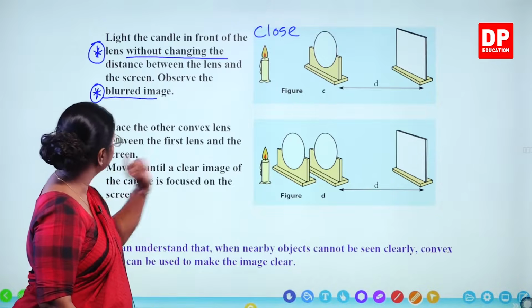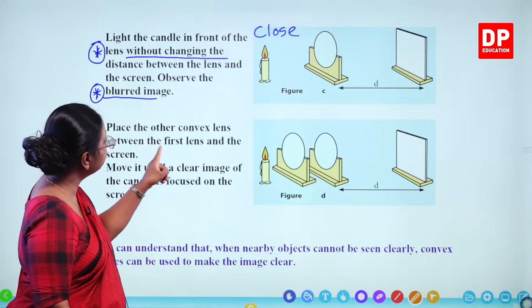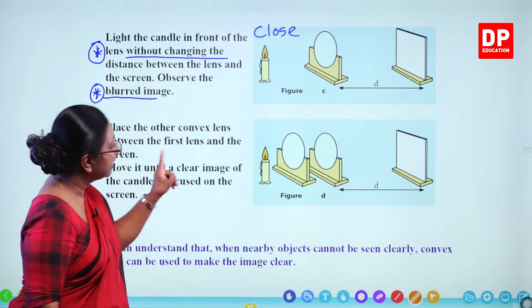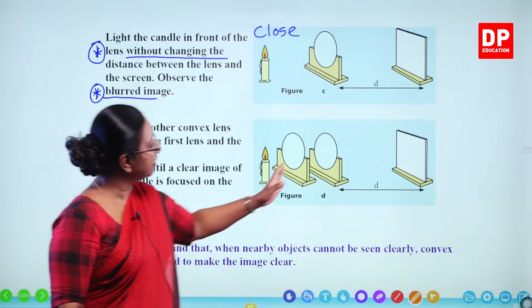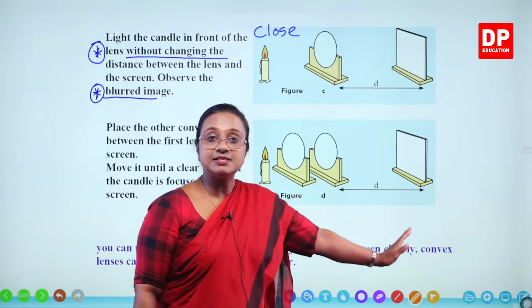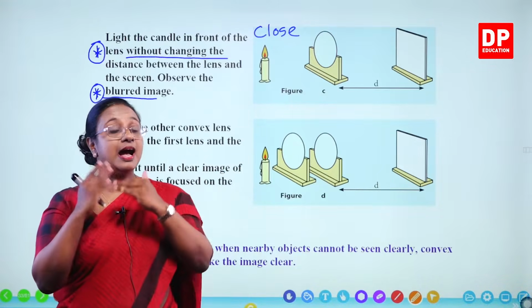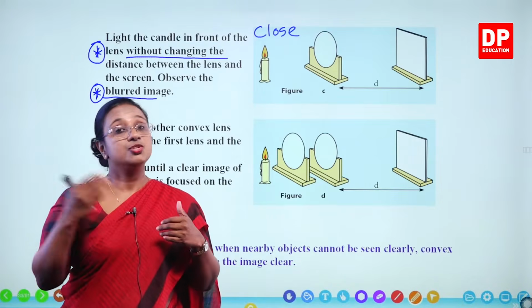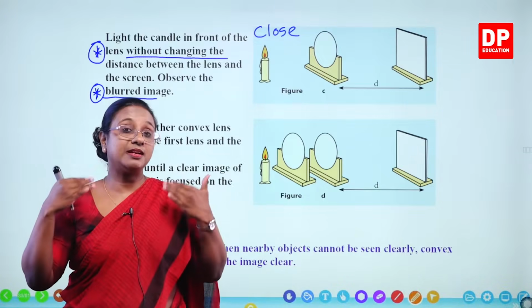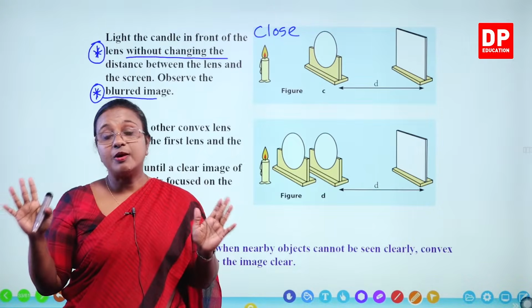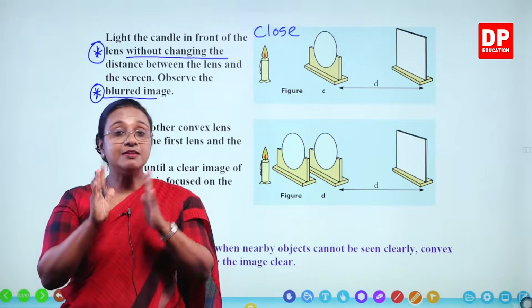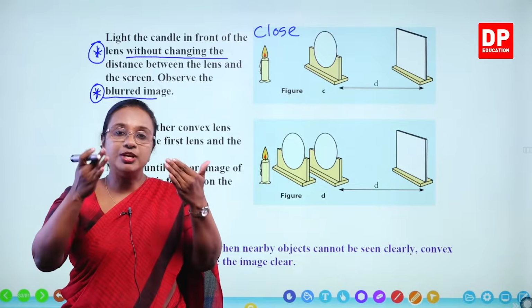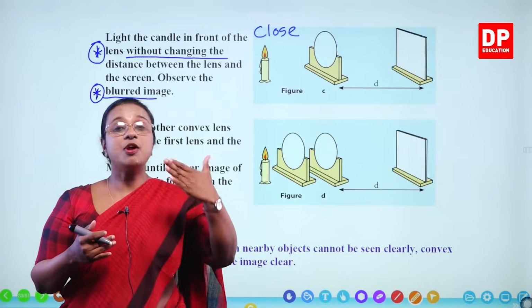Place the other convex lens between the first lens and the screen. There is a mistake in the procedure, students. Now we have the first lens and the screen, that is the eye lens and the screen. So we cannot wear the spectacles inside. You all know about lens implanting and all, that's a different matter. But here when you wear spectacles, you are going to wear it in front of your eye.